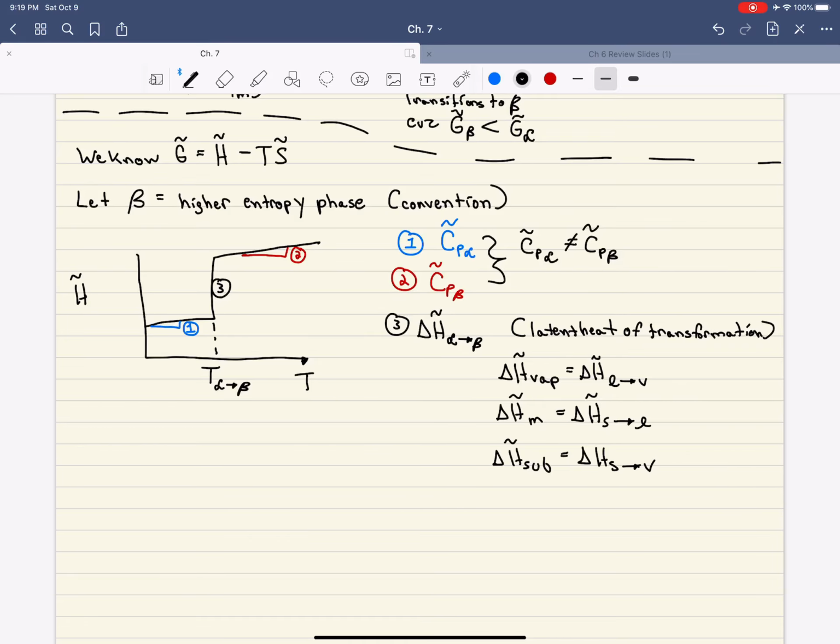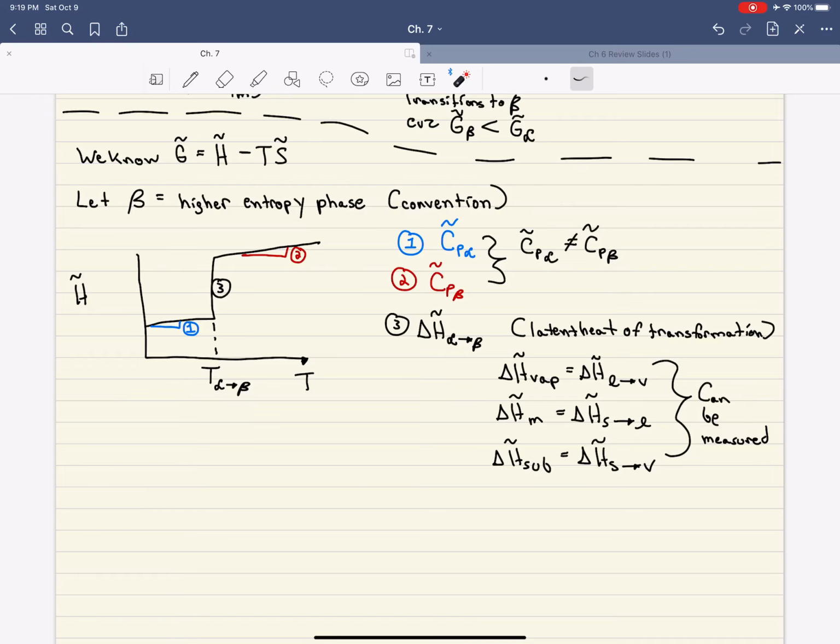The reason I bring these up now is because these latent heats, these enthalpies, are all things that could be measured in an experiment. If we're trying to model how the Gibbs energy changes, it's important to know these parameters.